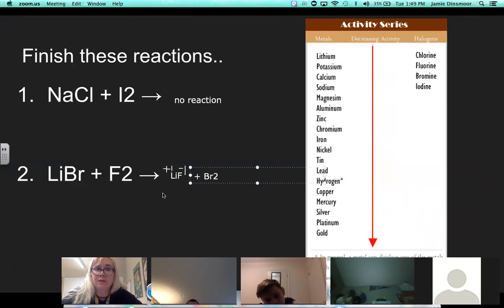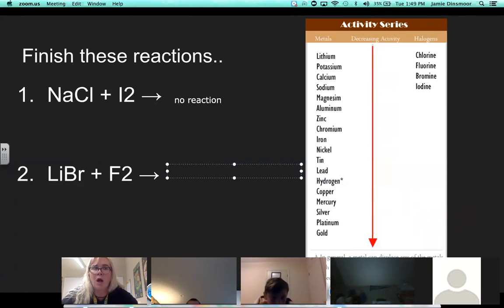Now, to balance our equation, this is where it will get a little bit more complicated because we do have 2 fluorines over here. We only have 1 on our product side. So, whoops, I did not mean to completely erase what I just did, but I will write it out again.